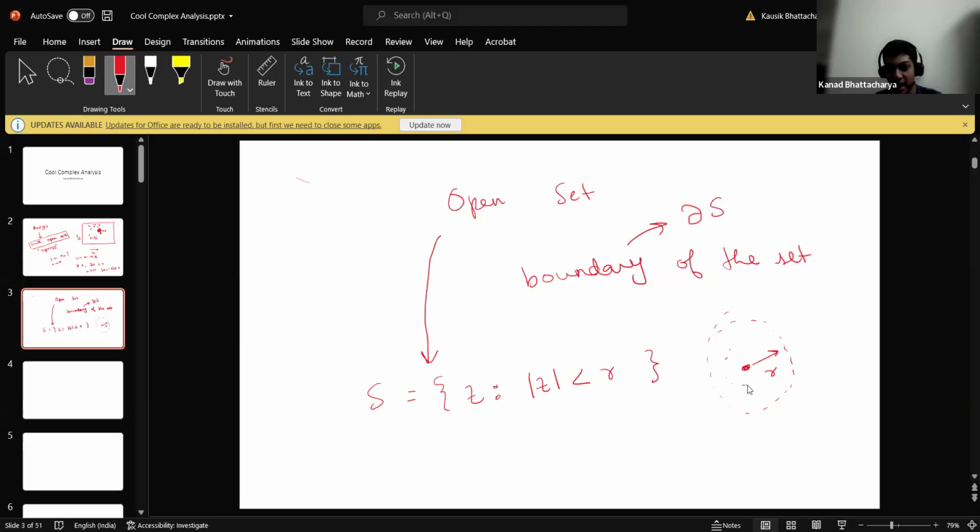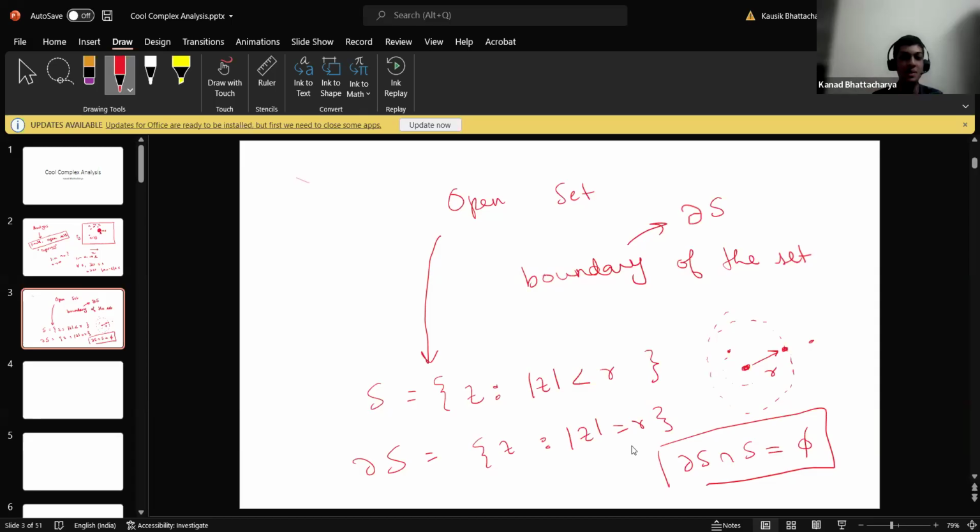All the points inside are present, but once it reaches r, there are no more points within the set. So why is this an open set? Because the boundary of this set is nothing but the set of all points which have radius equal to r. So this is the reason why it is an open set.